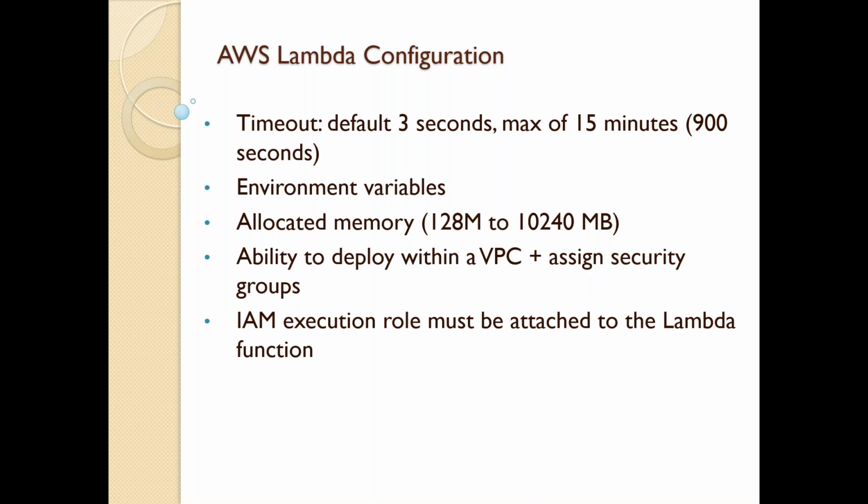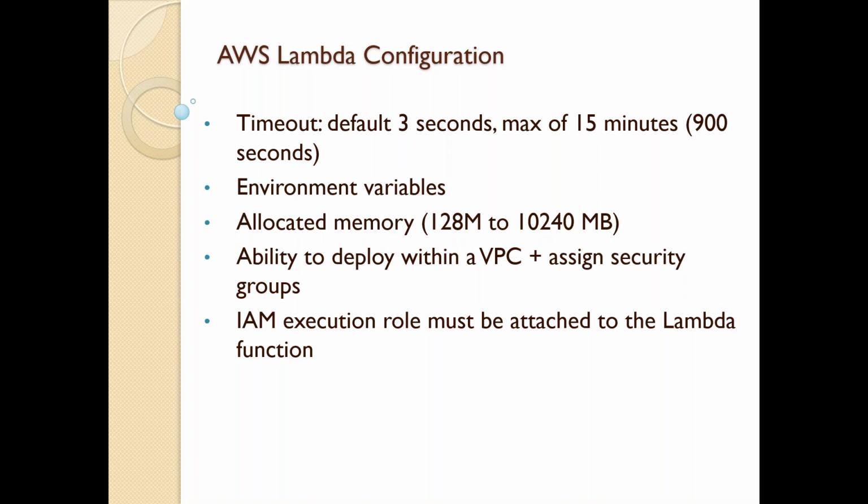So some of the Lambda configurations: timeout, as I told you, default is 3 seconds and max is 900 seconds, which is 15 minutes. You can create environment variables, and those environment variables cannot exceed 4 KB. Memory allocation is from 128 MB minimum to 10,240 MB, that is 10 GB, right?